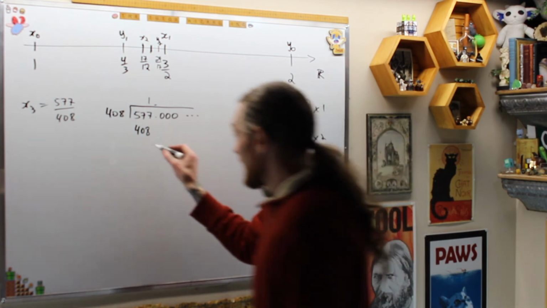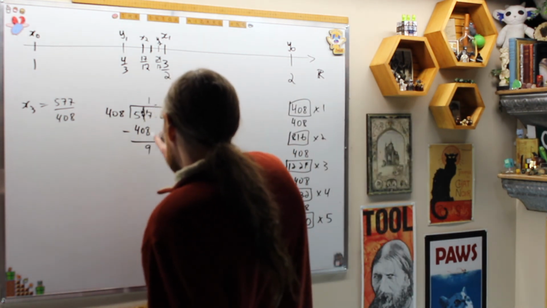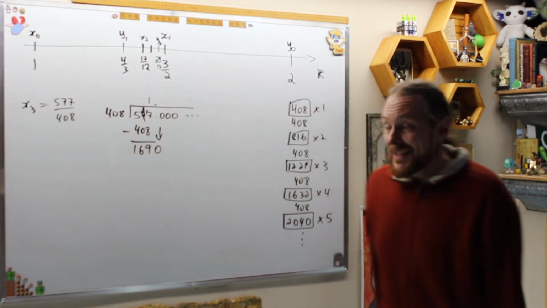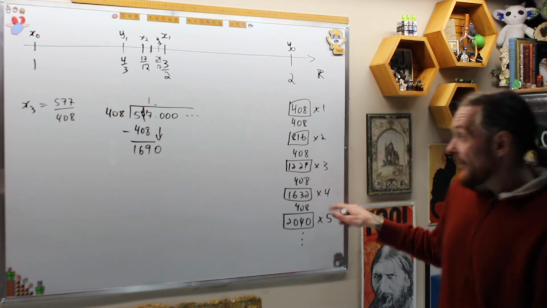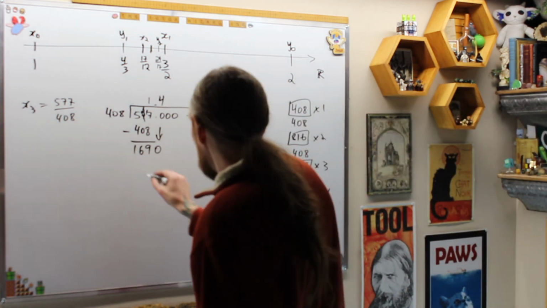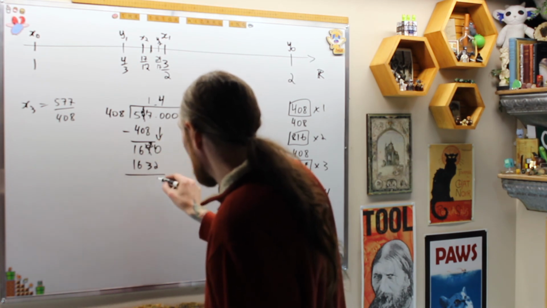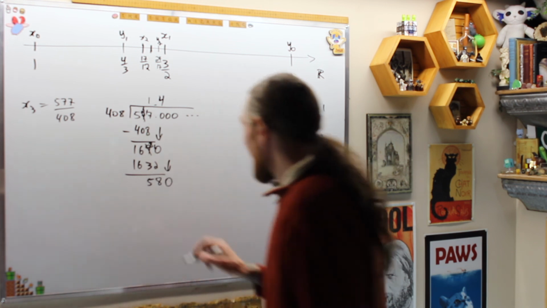So what we're going to do is subtract. I'm going to borrow, 577 minus 408 gives 169, and I bring down a zero to get 1690. I see this will be a 4, and I'm going to get 1632. So I subtract, I get 58, and bring down a zero, 580.